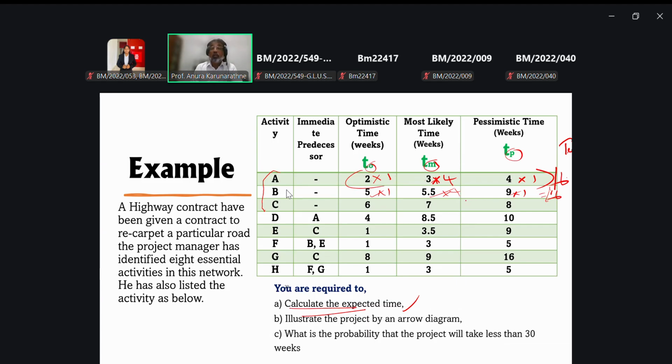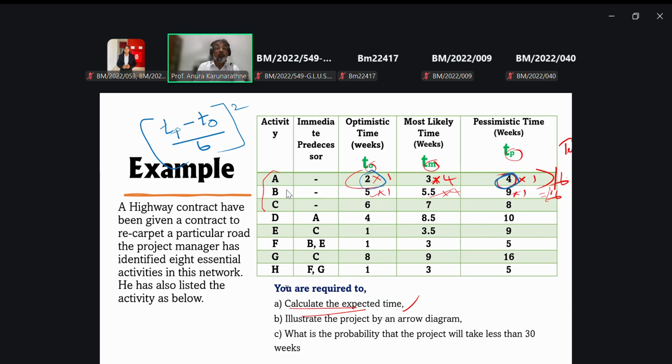In addition, we want to take the variance. Here you take the pessimistic time, subtract the optimistic time, divide by 6 and take the square.